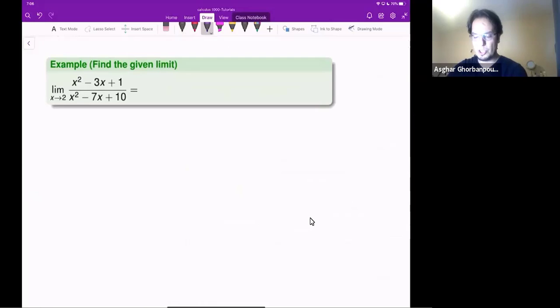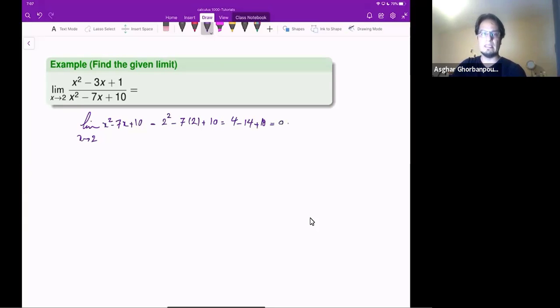We have the quotient. As you remember, we always start with the limit of the denominator. And we see that this is a polynomial, and the limit for polynomials is the same thing as evaluating it. And this will be 0.